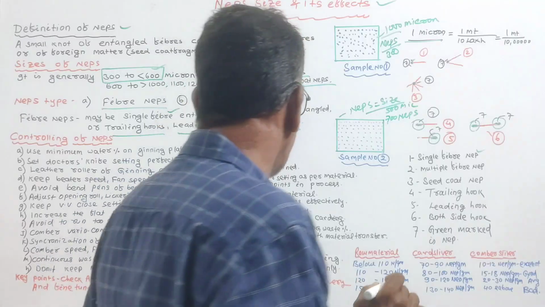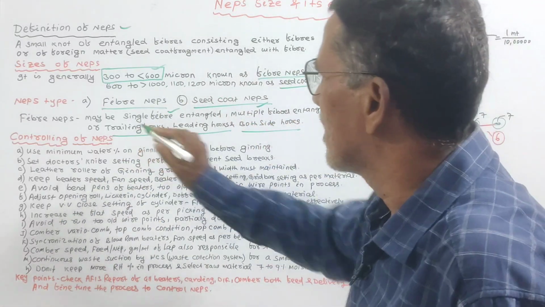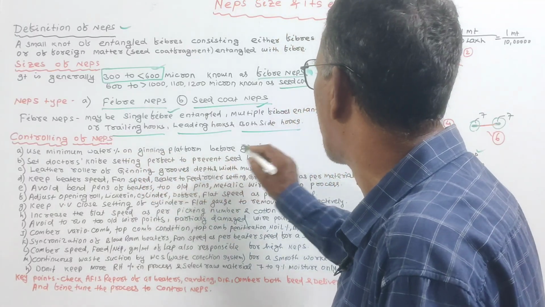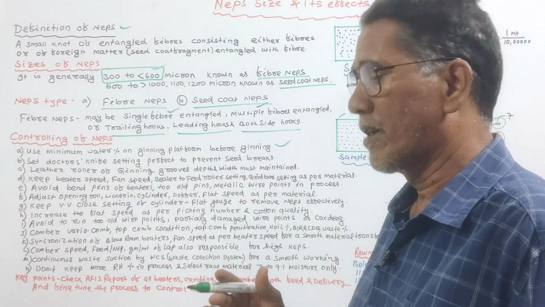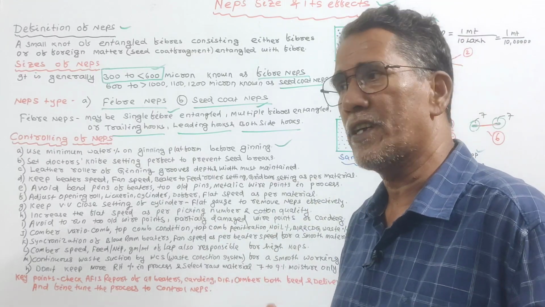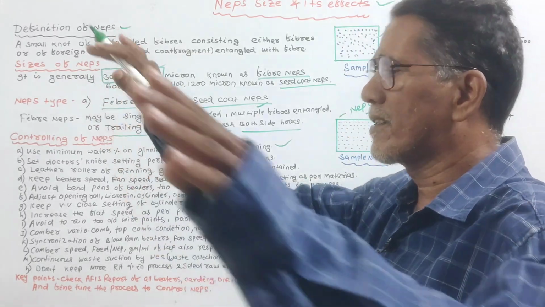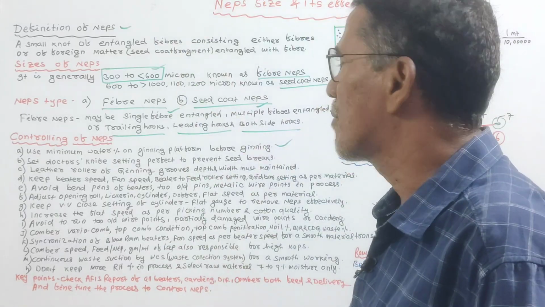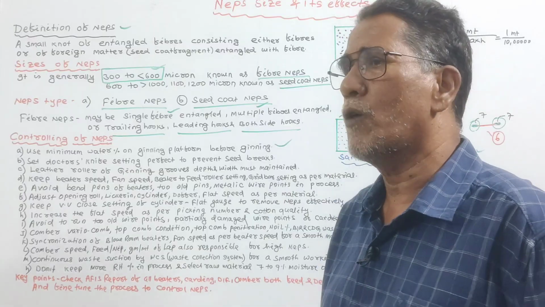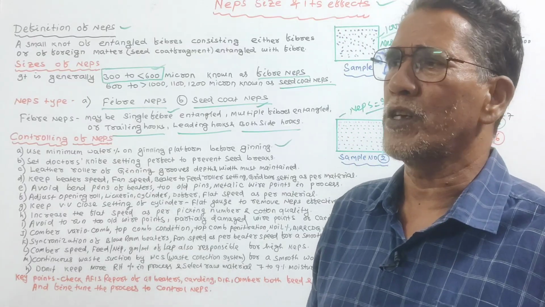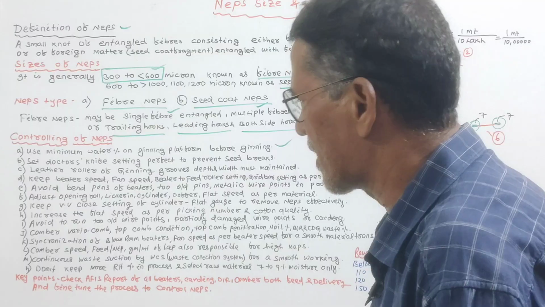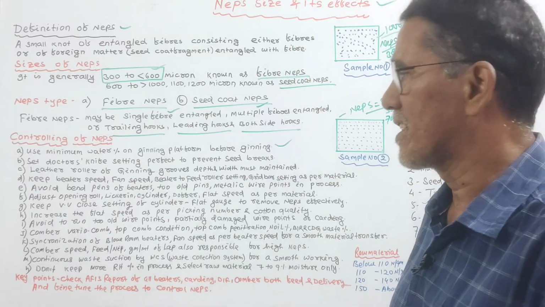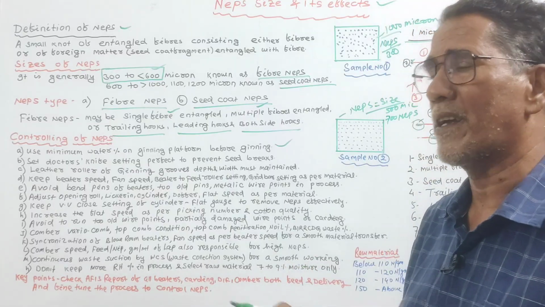It is an important thing. Controlling of naps: use minimum water percentage on the ginning platform before ginning. Before the ginning process, we stock the material in a huge stock, and layer by layer we spray water, because whenever we spray water, cotton fiber strength increases, and when we do the ginning, the fiber will not break.